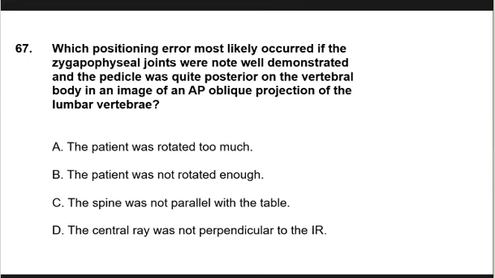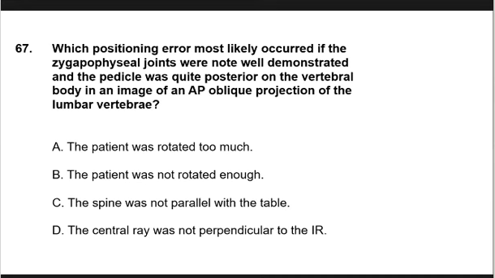Okay? Next question, number 67. Which positioning error most likely occurred if the zygapophyseal joints were not well demonstrated and the pedicle was quite posterior on the vertebral body in an image of an AP oblique projection of the lumbar vertebrae?